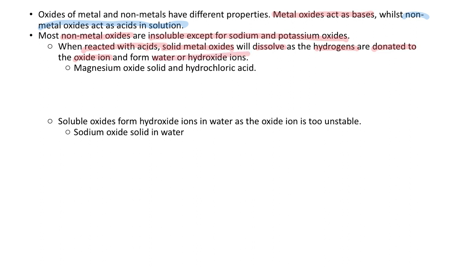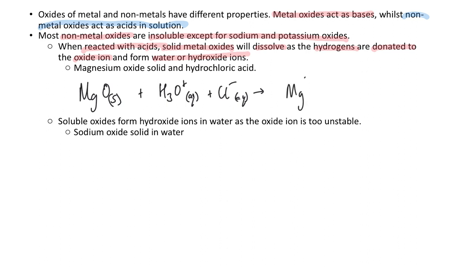Okay, so I think we just did this one, but we'll do it again. Magnesium oxide solid plus hydrochloric acid. So we'll write H3O plus AQ and Cl minus AQ, goes to, what's that going to form? It's going to dissolve it. It's going to form magnesium 2 plus AQ.